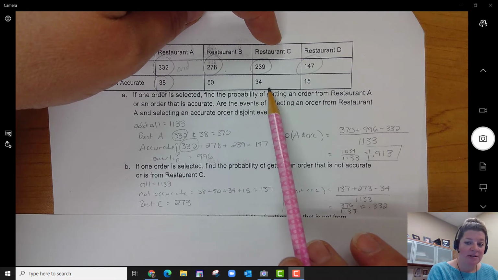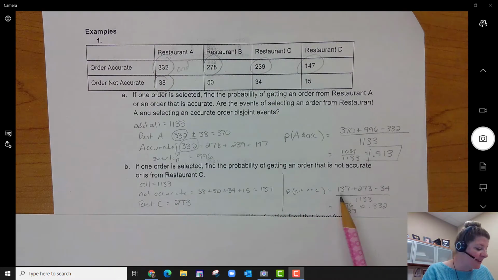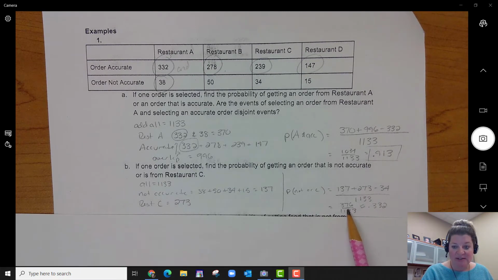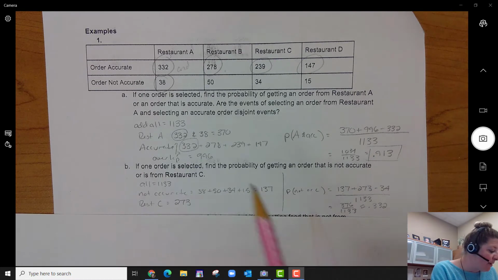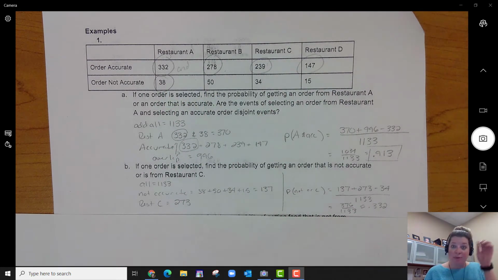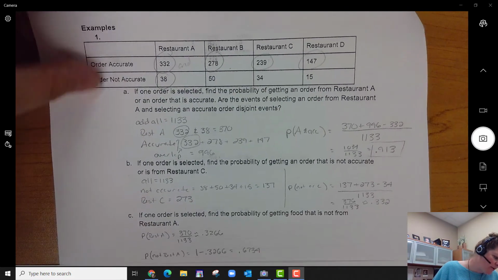Okay, that's our and. So we did the 137 plus the 273 minus the 34, which gave us this 376. Could you have gotten that by going one bump, bump, bump, bump? Yes, you should have got 376 out of 1,133. Okay, so that one you should try there on your own.